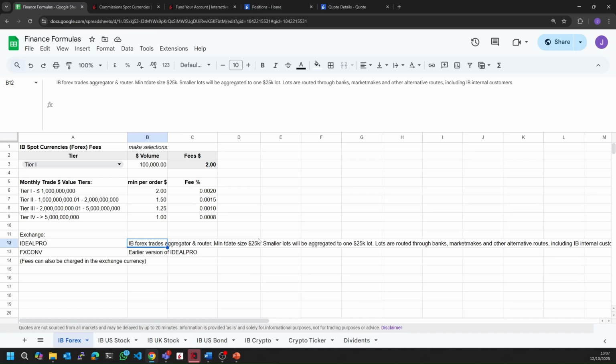It will merge your trade with all other Interactive Brokers clients, but thereafter it will be split again. Interactive Brokers will try to match the best price for you. For example, if you place a trade for $10,000, your trade might be split into multiple pieces just to gain the best possible exchange rate for you.